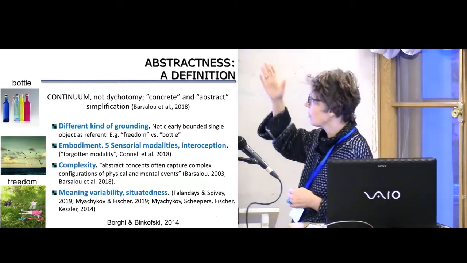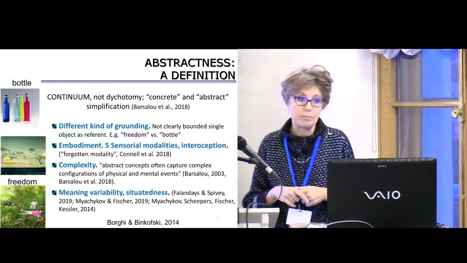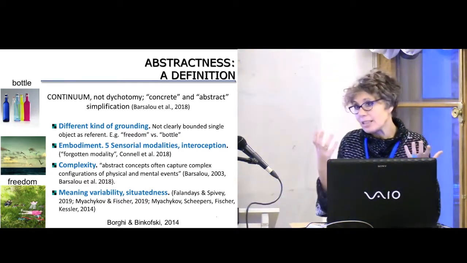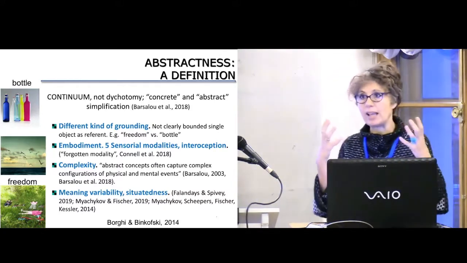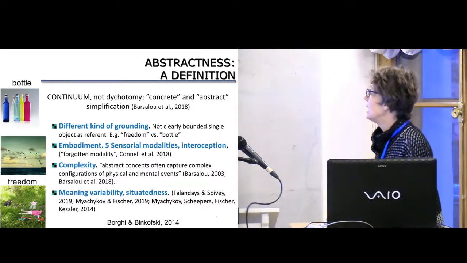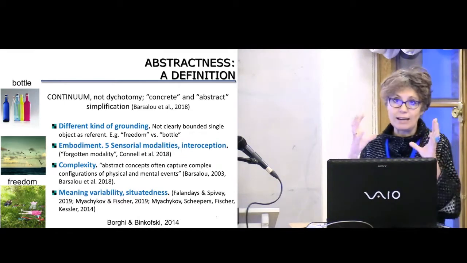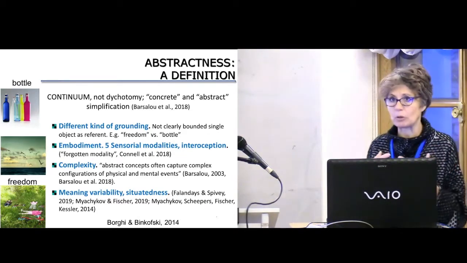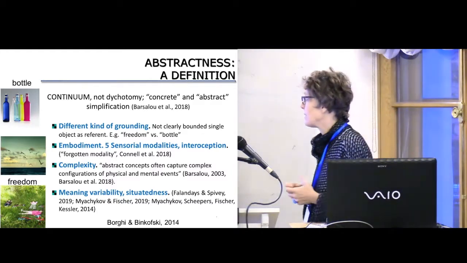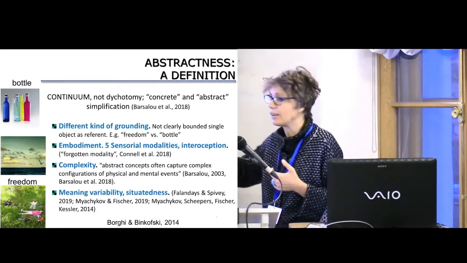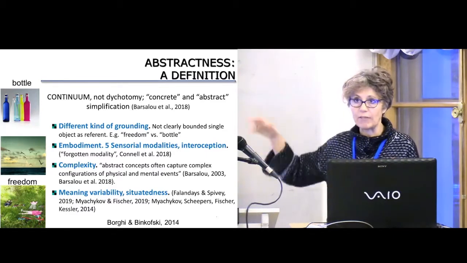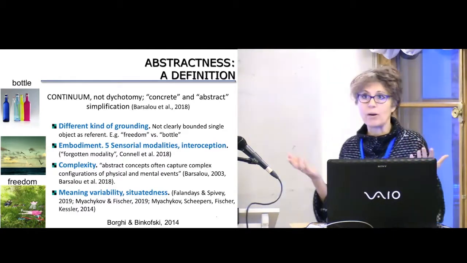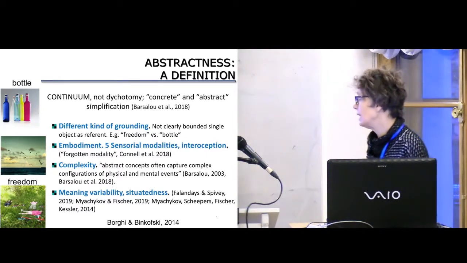So consider the category of model, for example. They have a single referent, typically. We can reconduct all the elements to a single referent. It's clearly bounded and it's rich in perceptual features. In the case of abstract concepts like freedom, we have to put together a variety of situations, of experiences, etc. So they are always grounded, but in a different way.